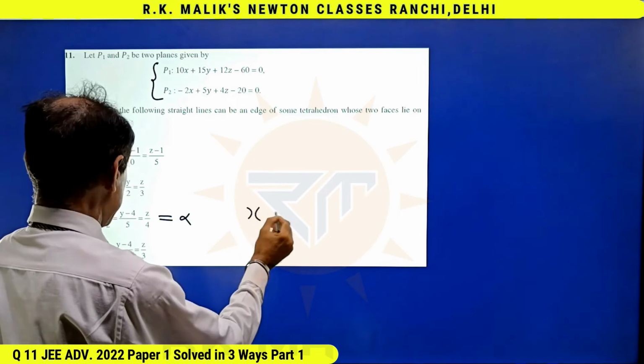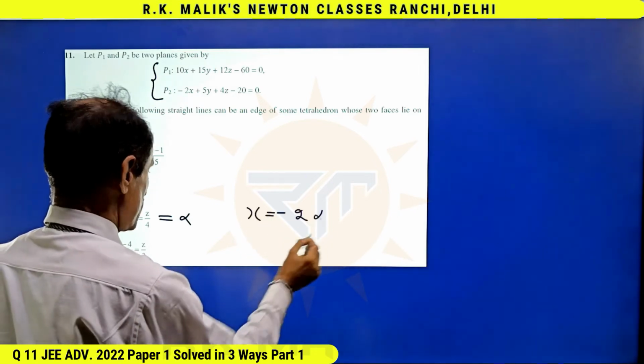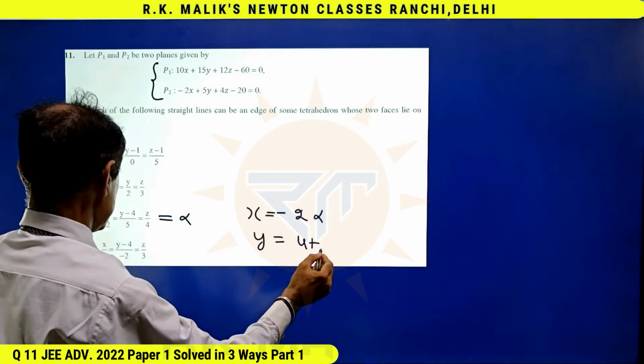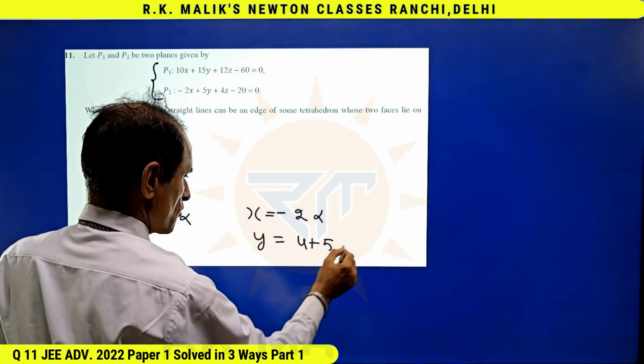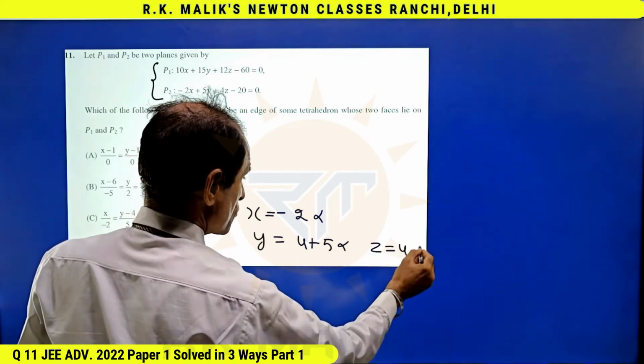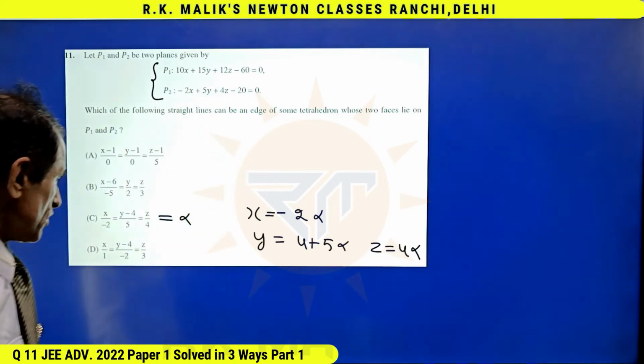The value of x I get is minus 2 alpha, value of y is 4 plus 5 alpha, and value of z is 4 alpha.